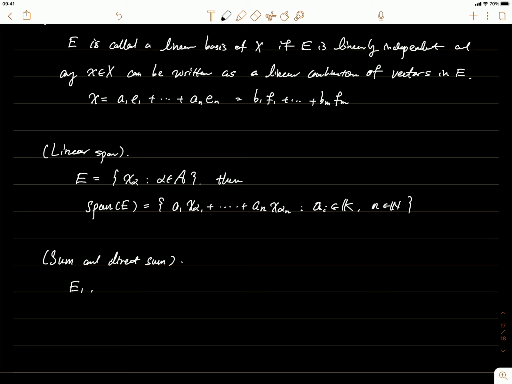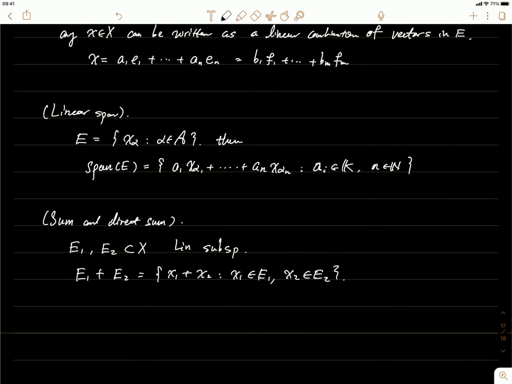Similar to before, it's any combination of x1 plus x2, where x1 is from E1 and x2 is from E2.